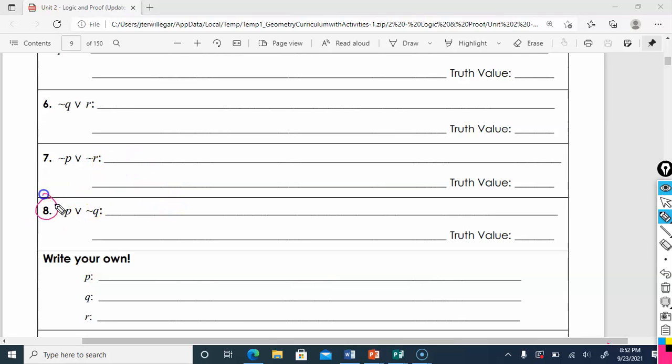Let's look at number 8. Not P or not Q. Not P, that means not. That means or, not Q. P was there are 7 days in a week, so not P would be there are not 7 days in a week. Or, before it said March has exactly 31 days, so now we're going to say March does not have 31 days.